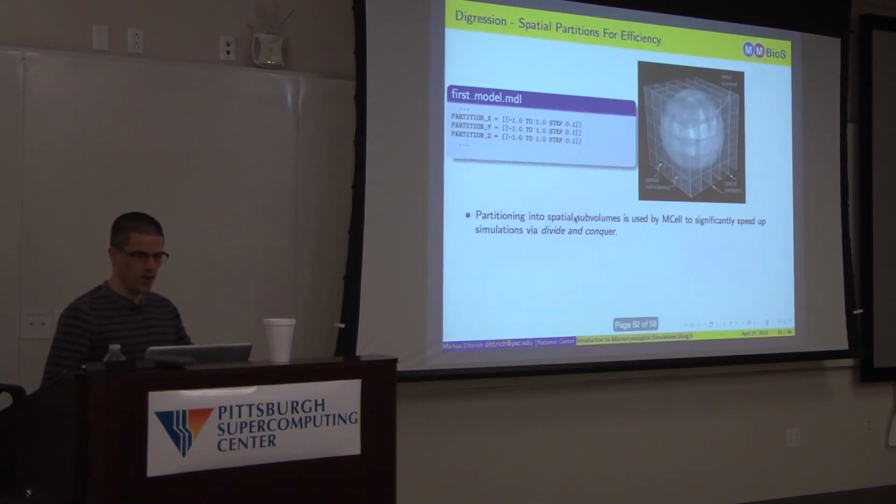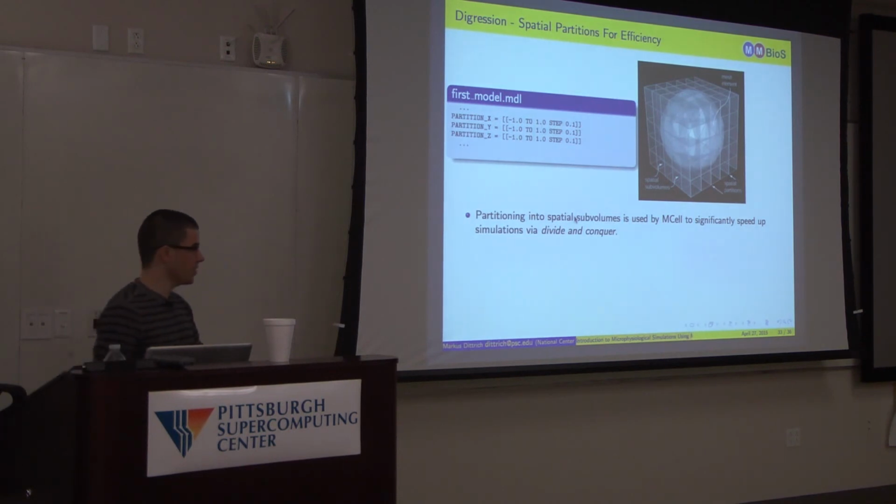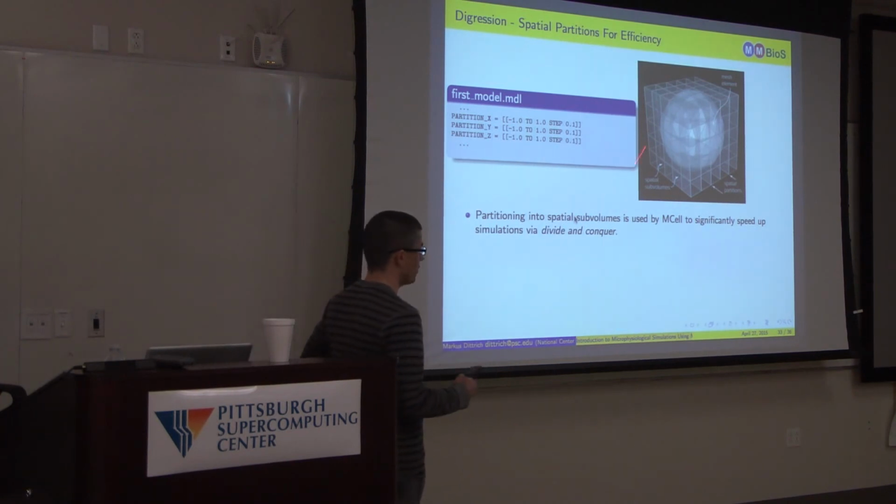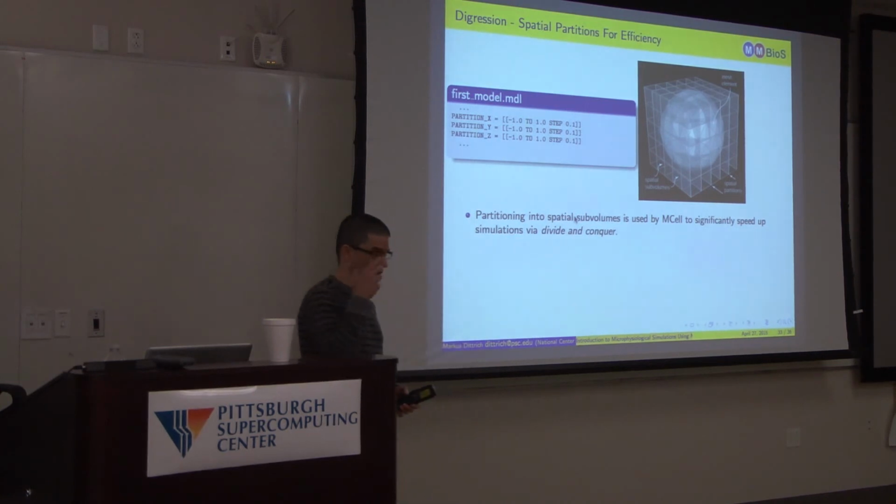I'm not going to talk about this a lot. I think we have an opportunity to talk about this more this afternoon in a session. The partitioning, just in two sentences, is a very useful thing to do. You should all do it. It's basically a numerical way of subdividing the simulation space, so your simulations become much more efficient.